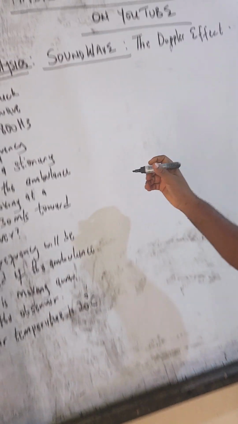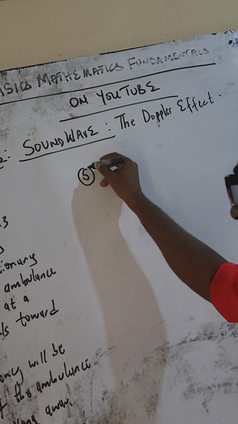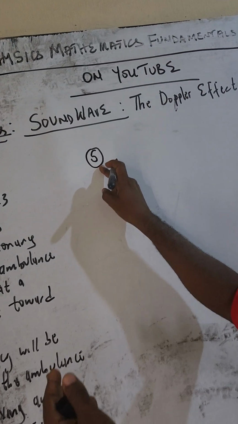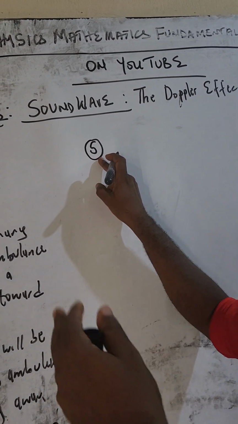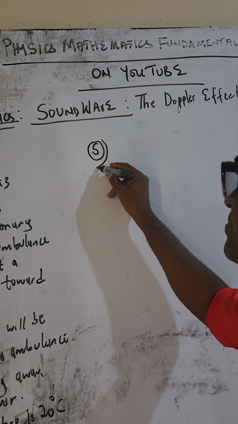Like for instance, let me say I have a source of wave. Let me say it's a sound wave. The sound wave is being emitted from this source, like when we talk about music blaring off from a speaker. Now, we can have a wave in this format.